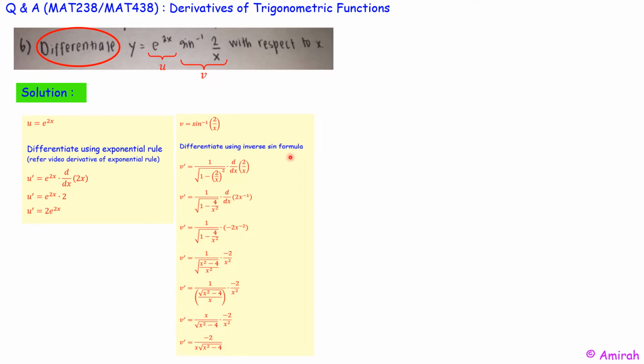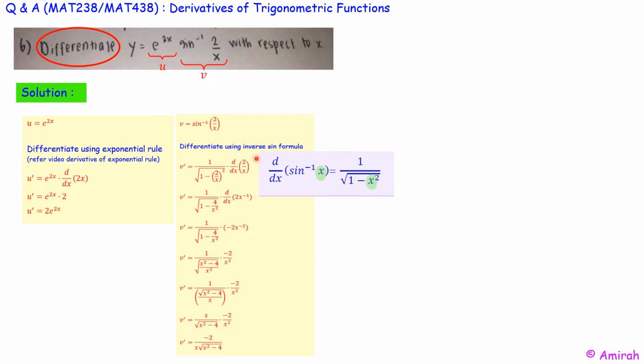What is the derivative of inverse sine? This is the formula: the derivative of inverse sine x equals 1 over the square root of 1 minus x squared. Look carefully here: the symbol used is a single x, and the single x sits here.